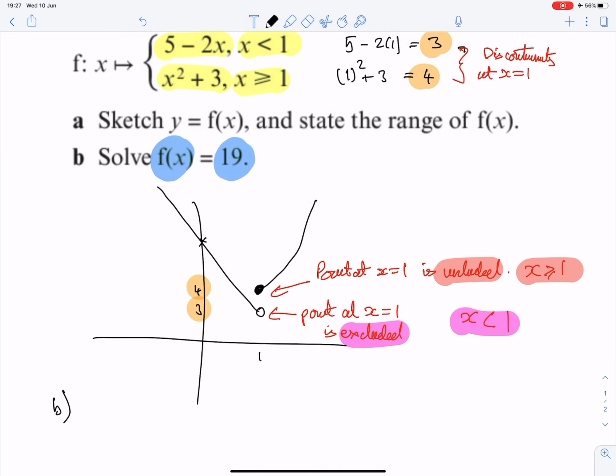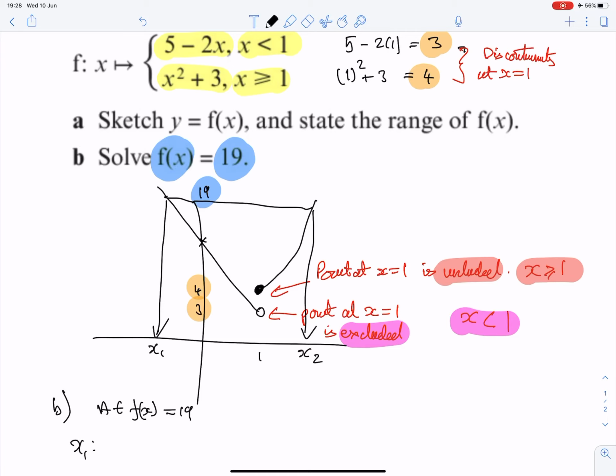That will be way up here on the axis. I've probably not drawn higher up for the scale. But the output values are 19. What input gives that? Well, we've got two solutions. We've got one from our straight line and one from our quadratic. So at f of x equals 19, we could have x1 and x2.